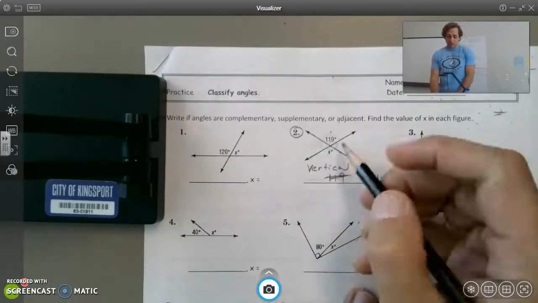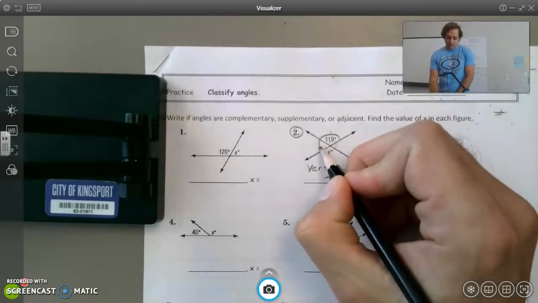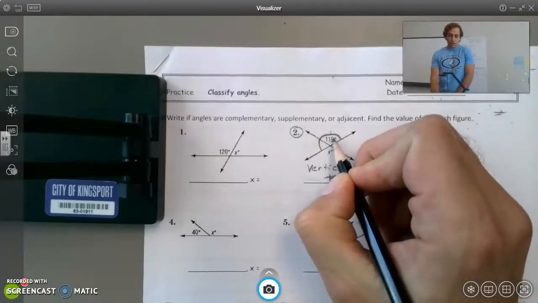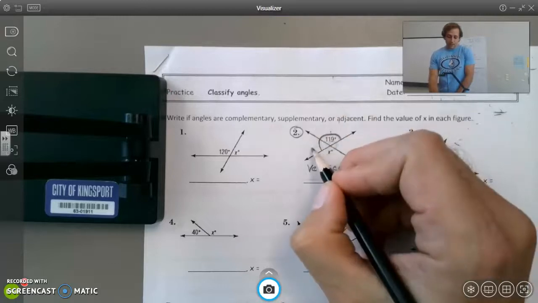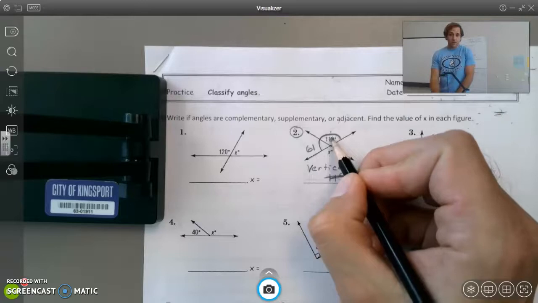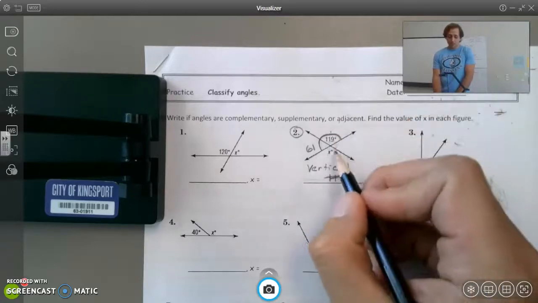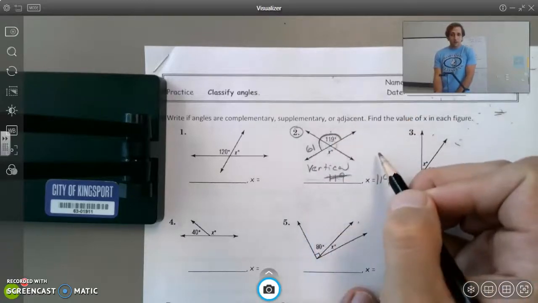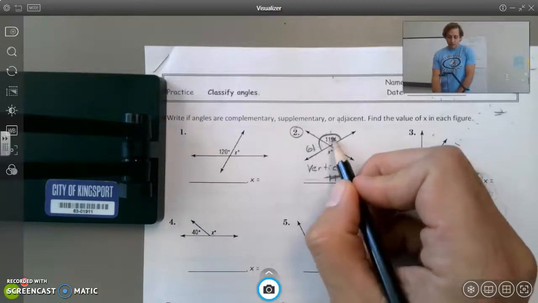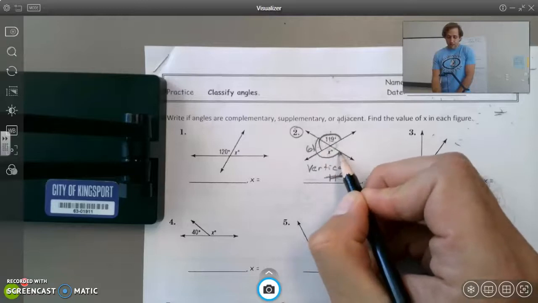Now, we could also go through the process of looking at supplementary angles and then determining the measure of x. If these angles are supplementary, then if that's 119, well, 119 plus 61 would make 180, right? Another way to prove that these are identical is that not only are these two supplementary angles, but these two angles are supplementary angles.